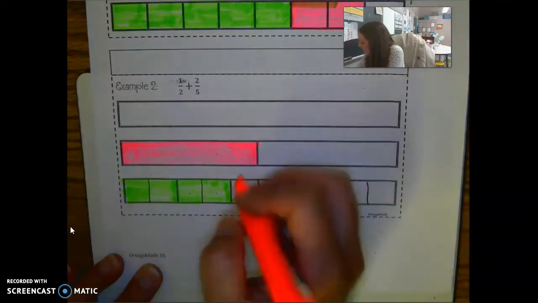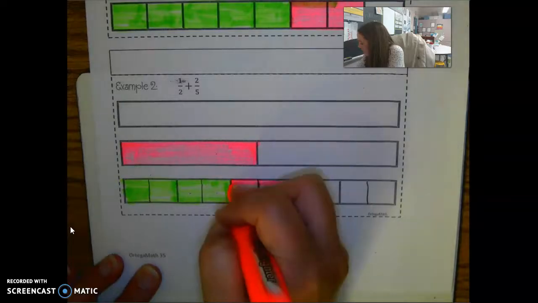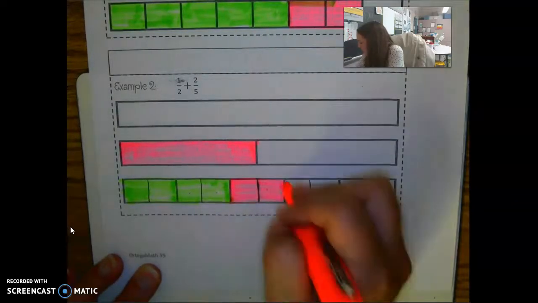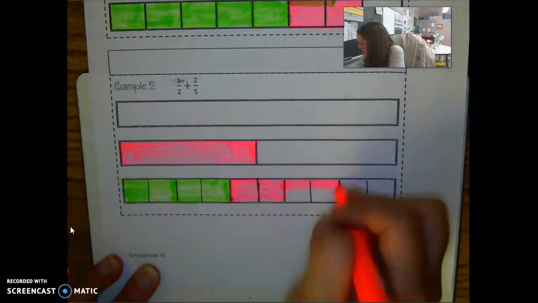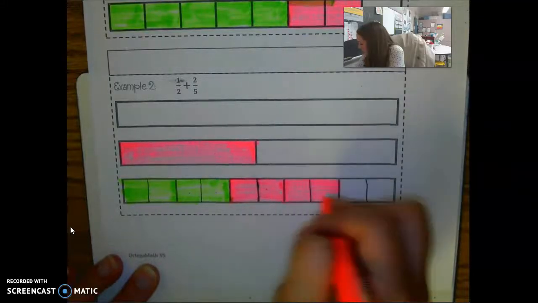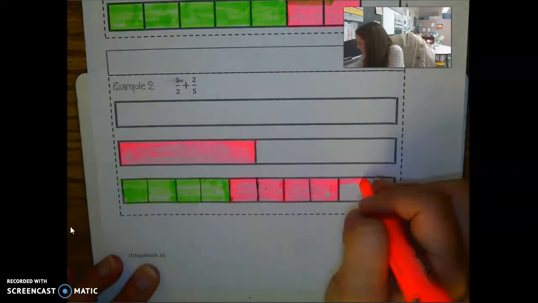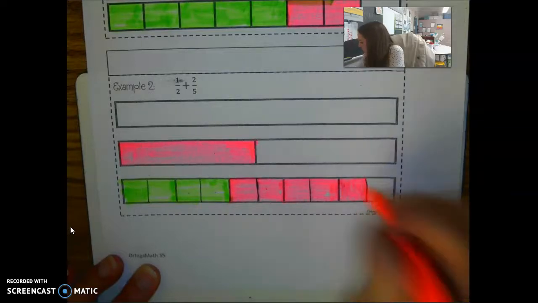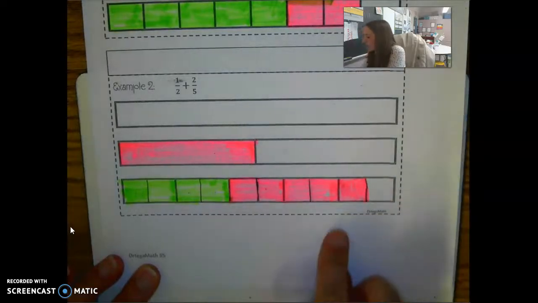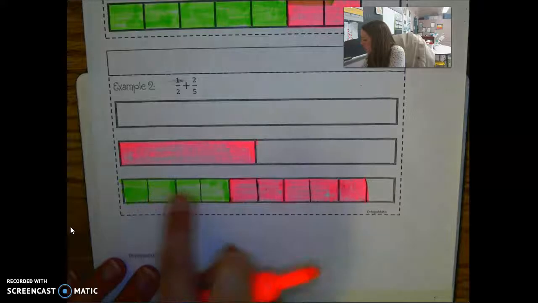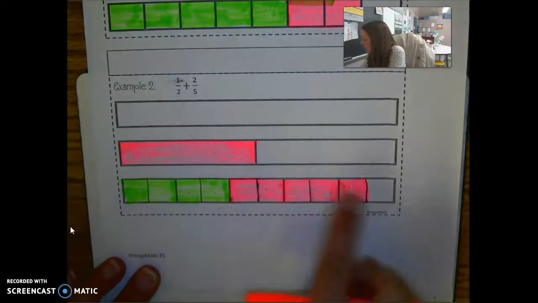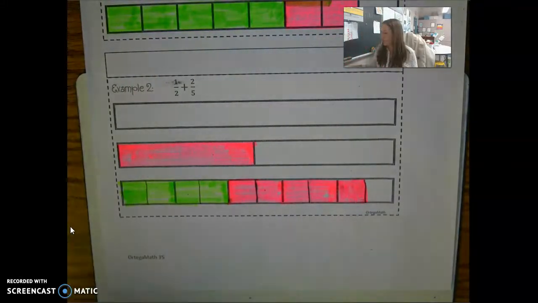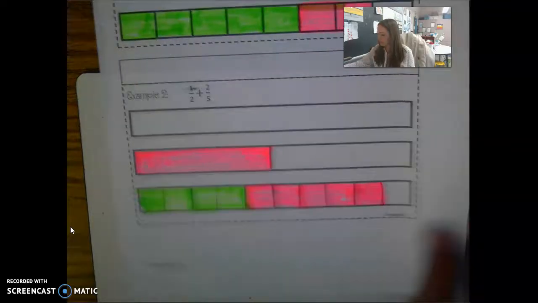Then I could color in 5 of the boxes. 1, 2, 3, 4, 5. Okay. And my answer should be 1, 2, 3, 4, 5, 6, 7, 8, 9. 9 tenths. Well, let's see if it works mathematically.